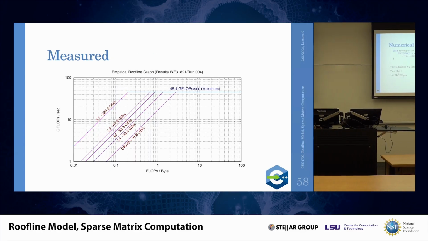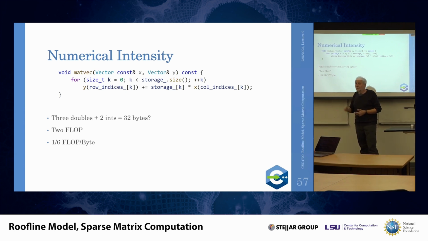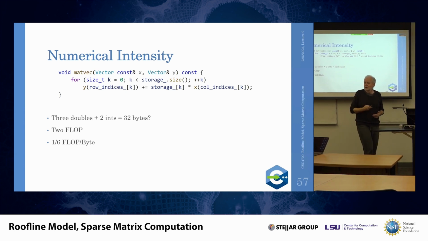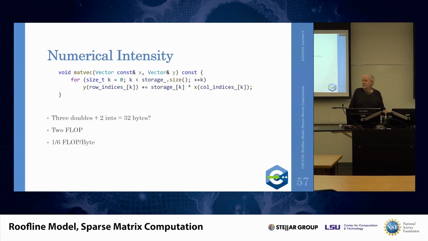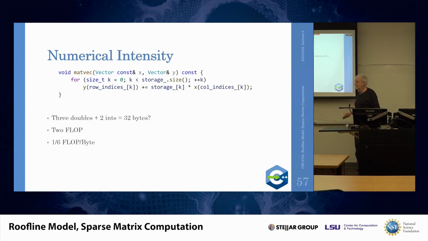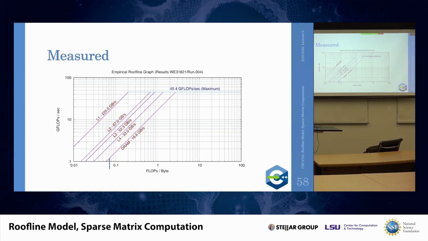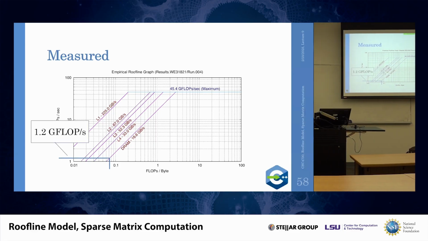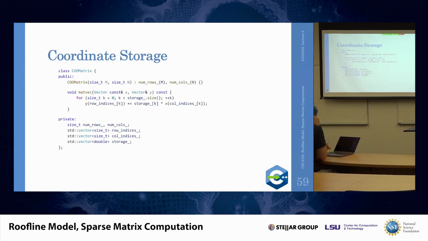That means that we have a numerical intensity of 1/6. So it's a bit worse, but we have to do a lot fewer operations because 99% of that matrix is not there, right? We save 99% of the work. If you look at our roofline graph, well, we achieve about, I don't know, what was it, 1.2 gigaflops with that code. Okay.